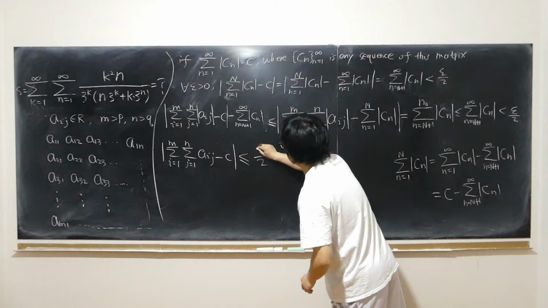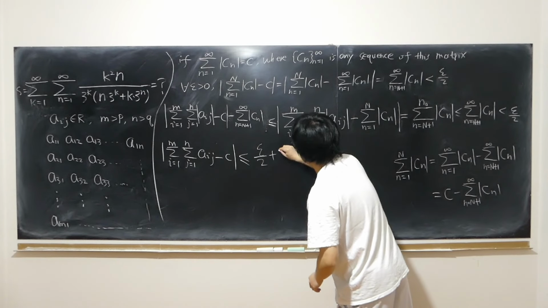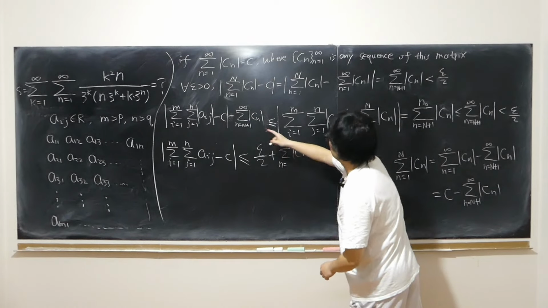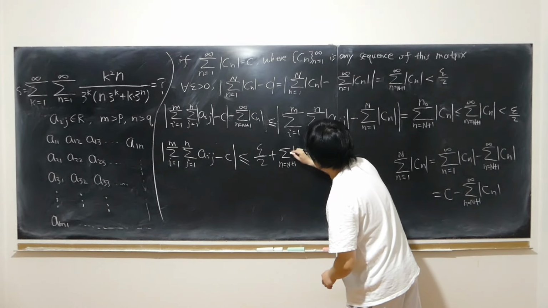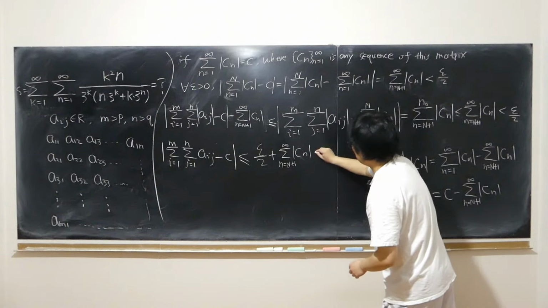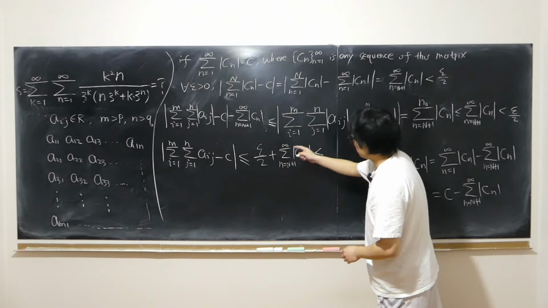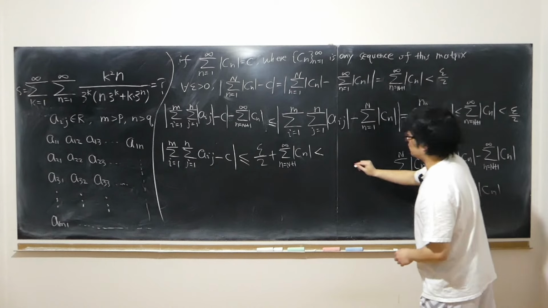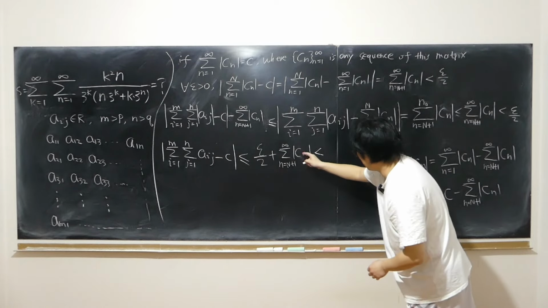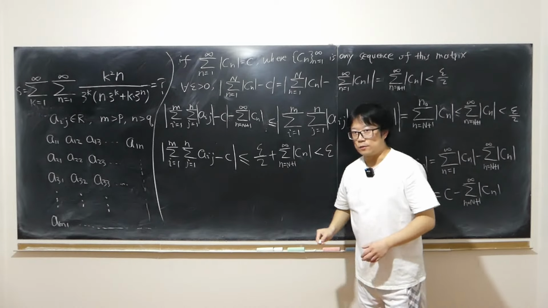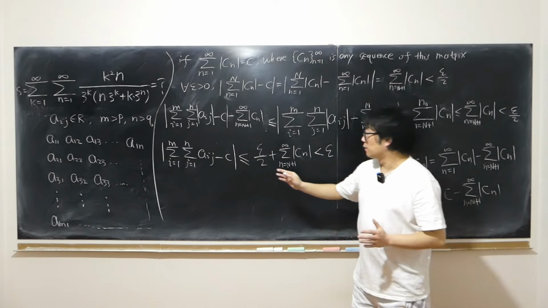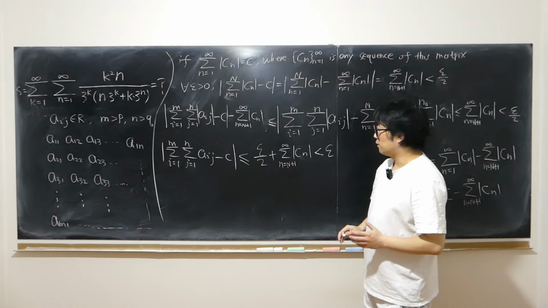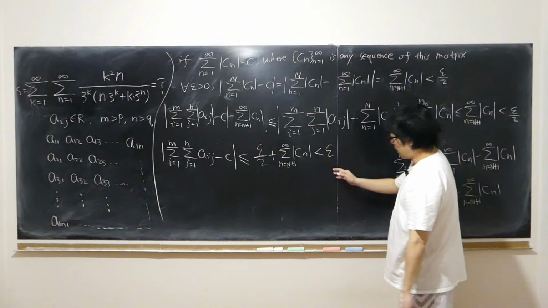So half epsilon plus the sum of Cn, n from capital N plus 1 to infinity. And this, like I said, is less than half epsilon. So half epsilon plus half epsilon. So that's exactly the definition of the limit of this one being exactly C. The distance is arbitrarily small.